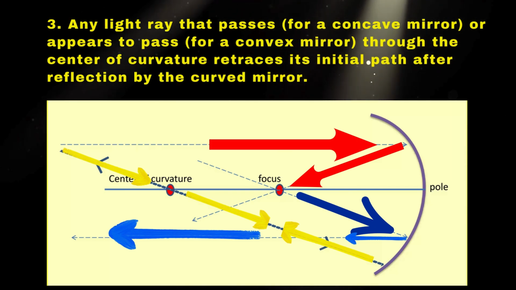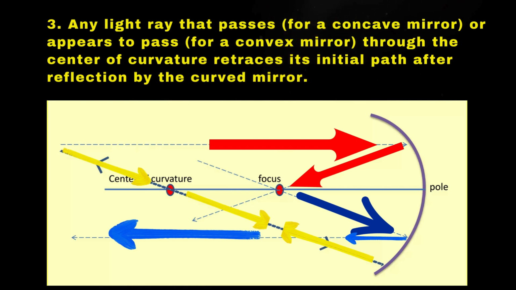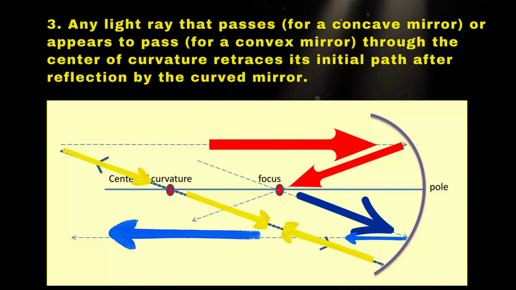3. Any light ray that passes, for a concave mirror, or appears to pass, for a convex mirror, through the center of curvature retraces its initial path after reflection by the curved mirror.